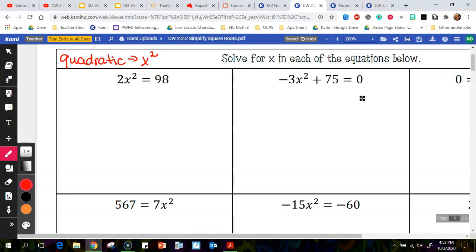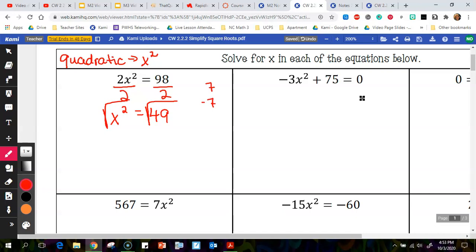So to solve for x, of course, we have to get the x by itself. On this particular problem, we're going to divide by 2, and we're going to end up with x squared equals 49. Then we take the square root of both sides. The square root of 49 could be one of 2 numbers. It could be a positive 7 or a negative 7.